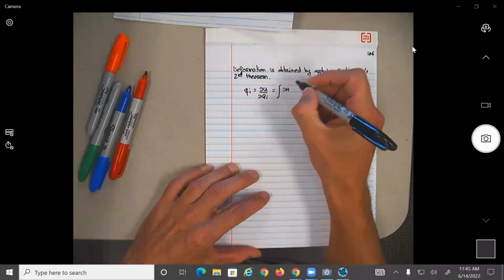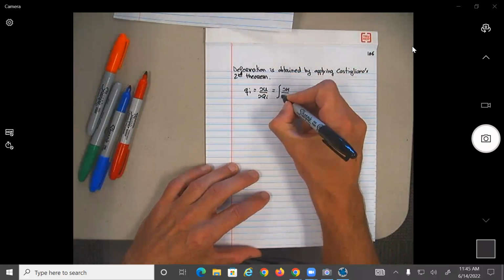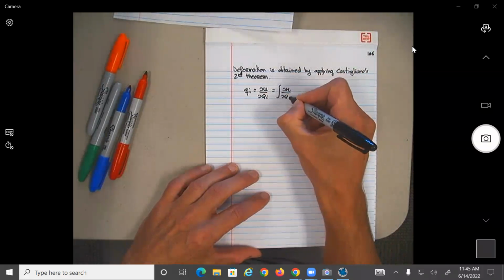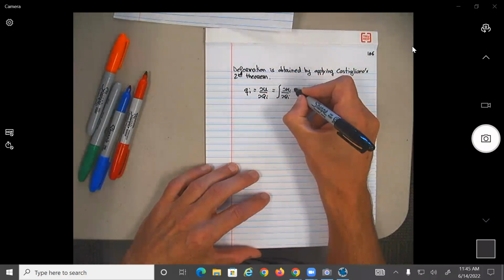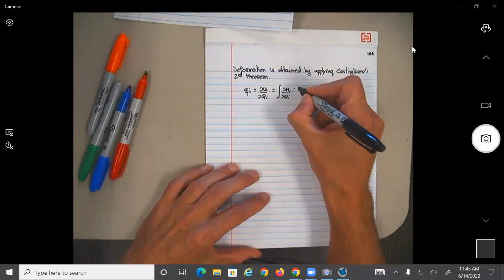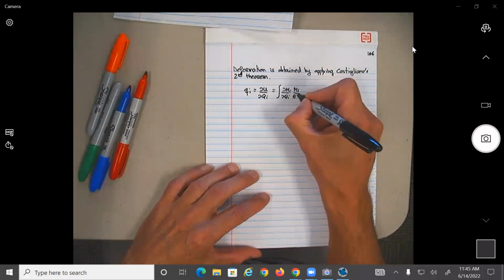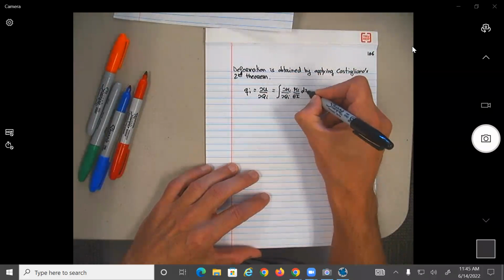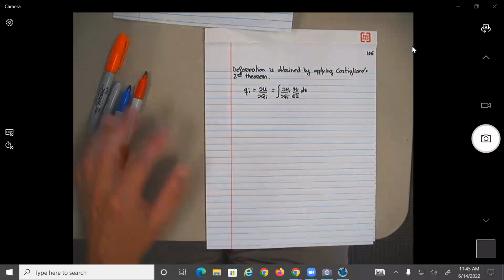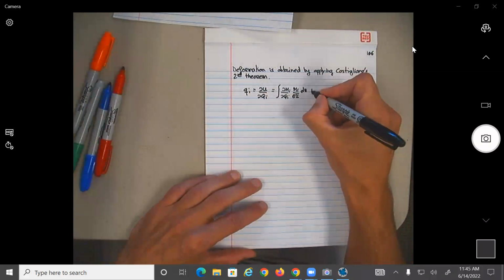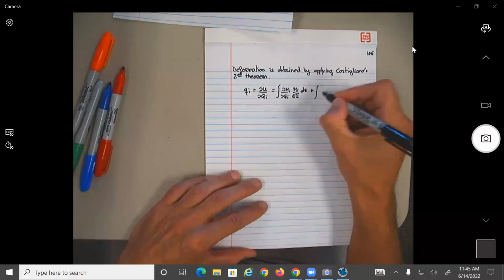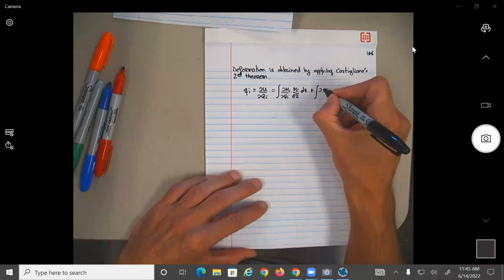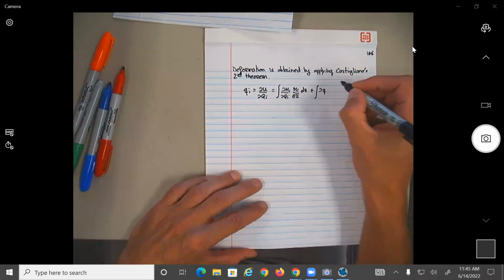Partial of M partial Q, so M sub I, Q sub I. So should I do it differently? It's fine. We can do it that way. M I over EI dz. Oh, I forgot to put something on the figure. Plus partial of what would be here Q sub I. Oops.